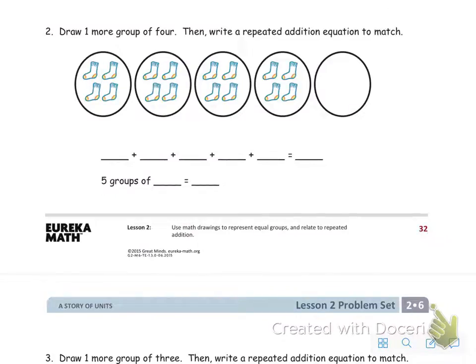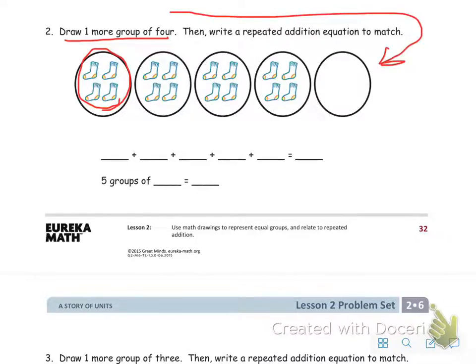Alright, so moving on, our first directions are to draw one more group of 4. So you can see that we obviously have lots of groups of 4 already, but then we need to draw one more. So you would draw one more right in there.